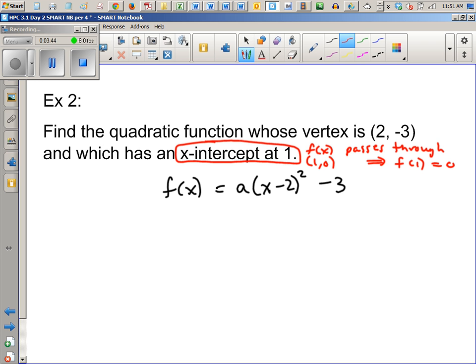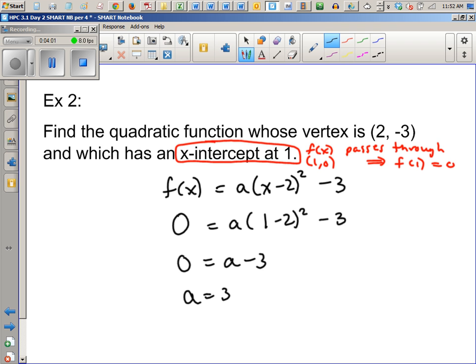That just means the left side would be 0 when x is 1. So 0 is a minus 3, and therefore a is 3. So your final function is f of x equals 3 times (x minus 2) squared minus 3.